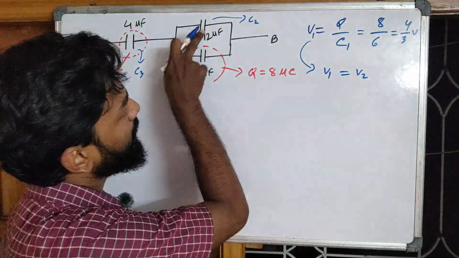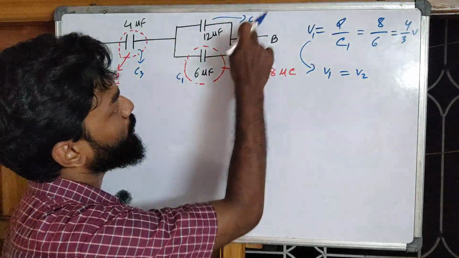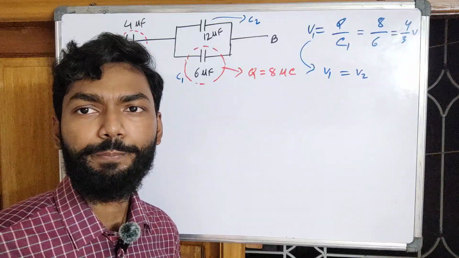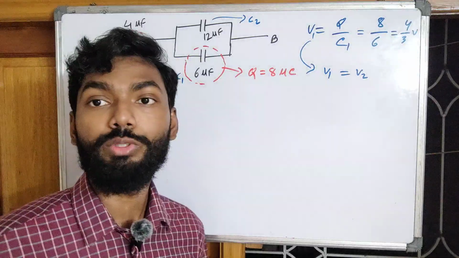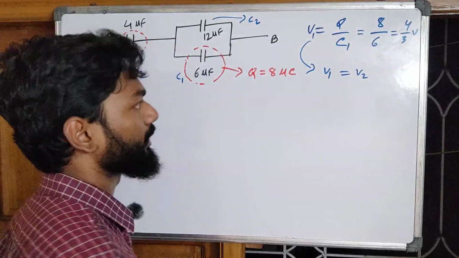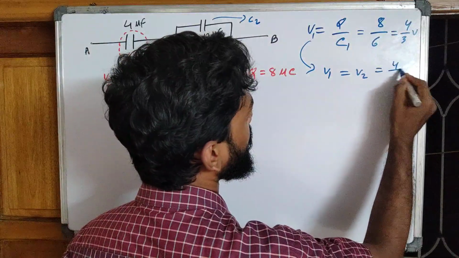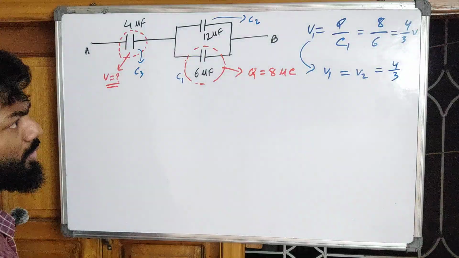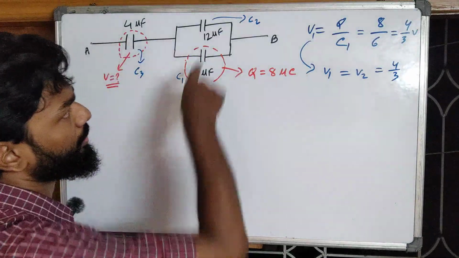V2 is the voltage across this C2 capacitor, and that would be 4 by 3 volt. So we know the voltage across this capacitor.